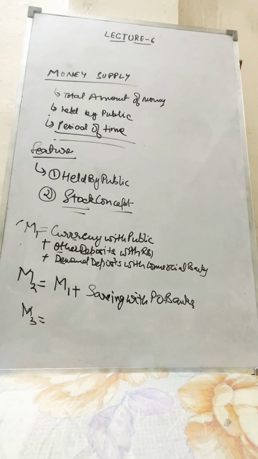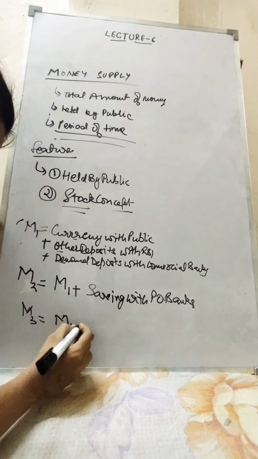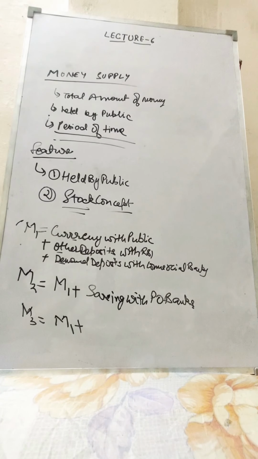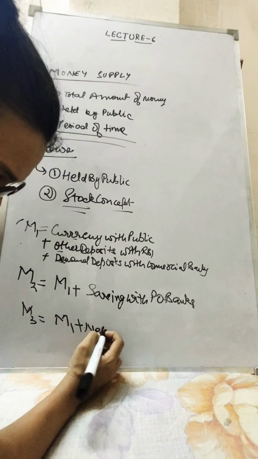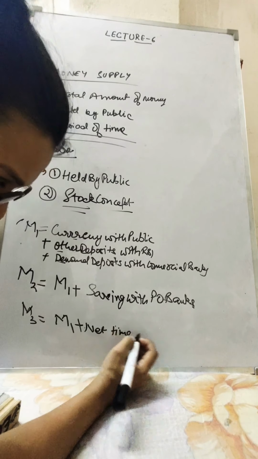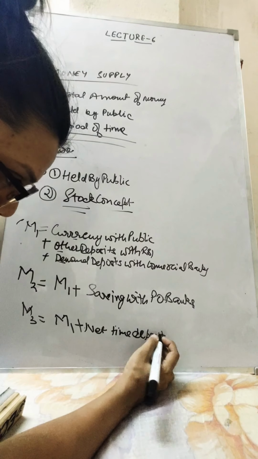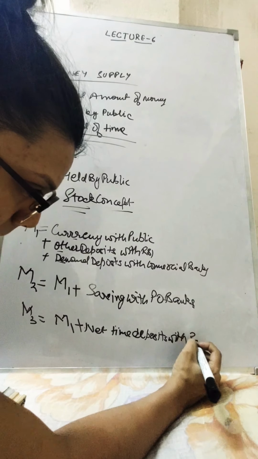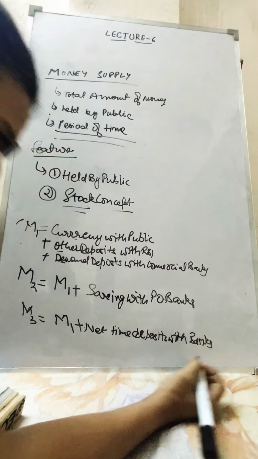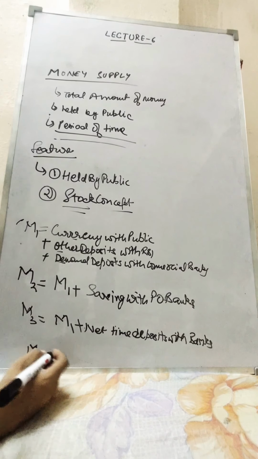So now M3 is M1 plus net time deposits with banks. So we can write here net time deposits with banks.